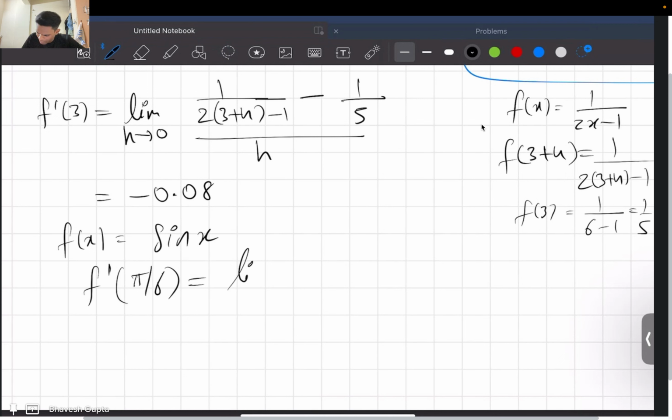So I guess power 7. Yeah, sine to the power 7, limit x tends to pi by 6. Over here you have sine to the power 7 of pi by 6 plus h by 2 here, I guess.